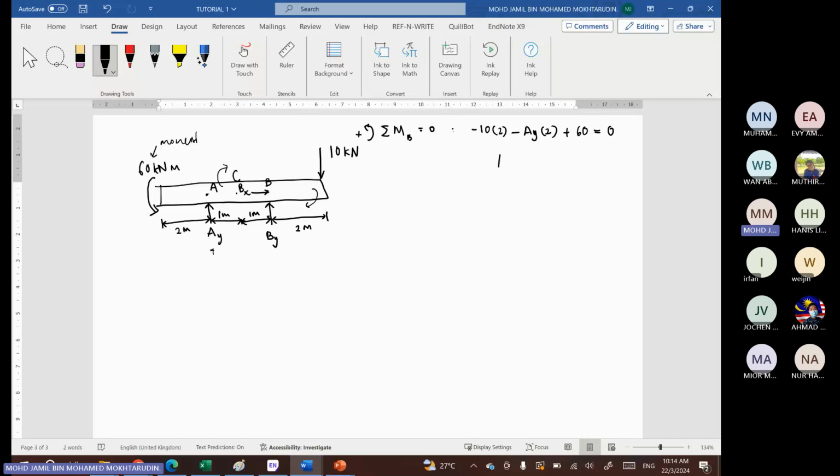Then here you can solve for AY equals 60 plus 20 divided by 2. No, sorry, 60 minus 20. 60 minus 20 divided by 2, negative.